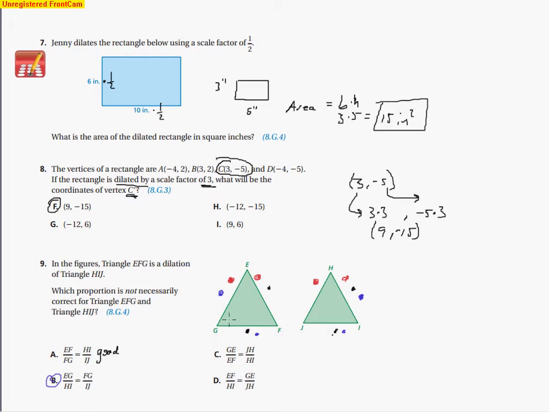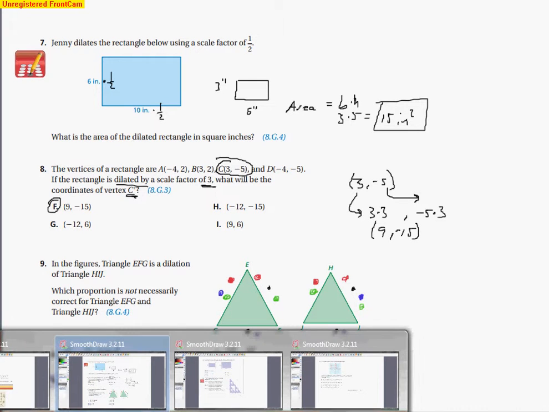EF, do this in a different color. So we have EF, so this one right here, and they're comparing it to HI. HI, see, those are in the same location, so that's good. GE, so GE is on this side, and they're comparing that one to JH. JH, and those are good too. So you can see how this one, they did not use the corresponding sides in the same fraction, so it did not work out in that case.